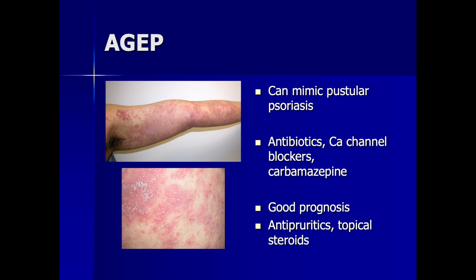Culprit drugs include antibiotics, calcium channel blockers, carbamazepine. It tends to carry a good prognosis, and withdrawal of the drug, antipruritics, sedating antihistamines to help itch, moisturizers, and topical steroids will usually resolve rapidly.